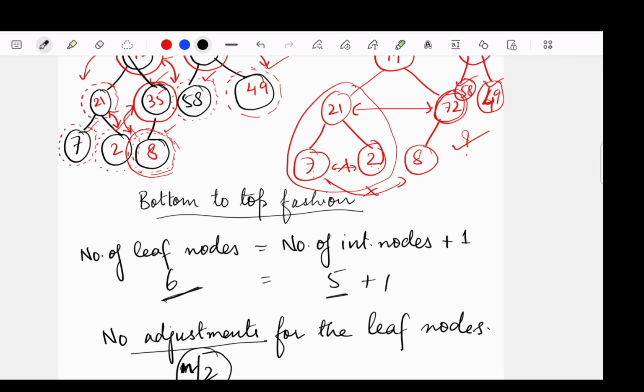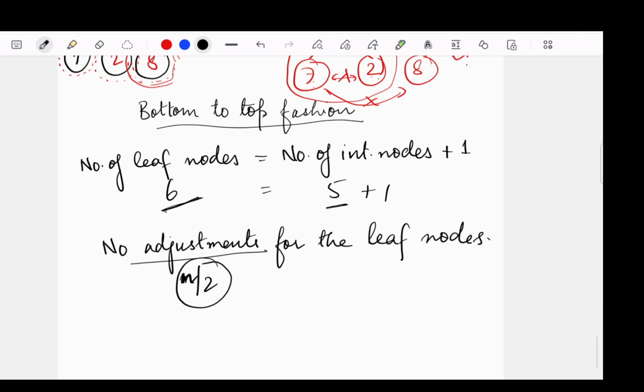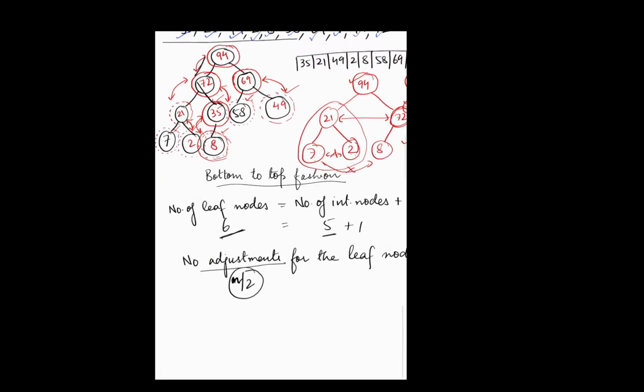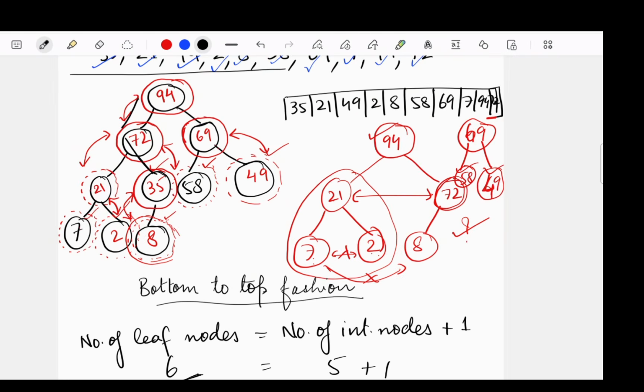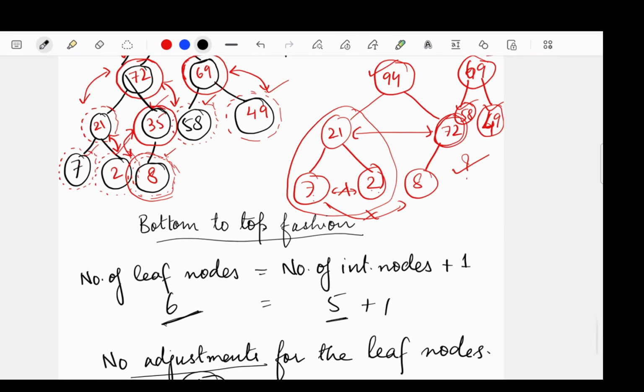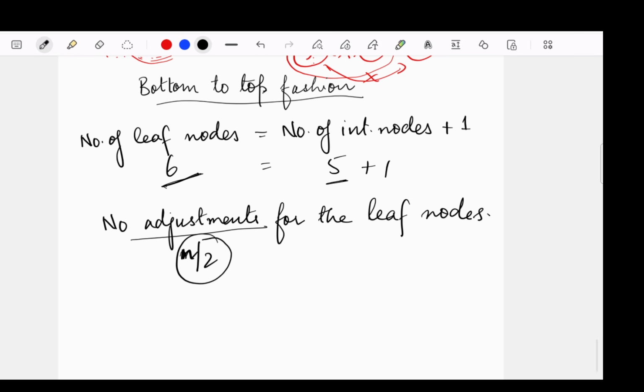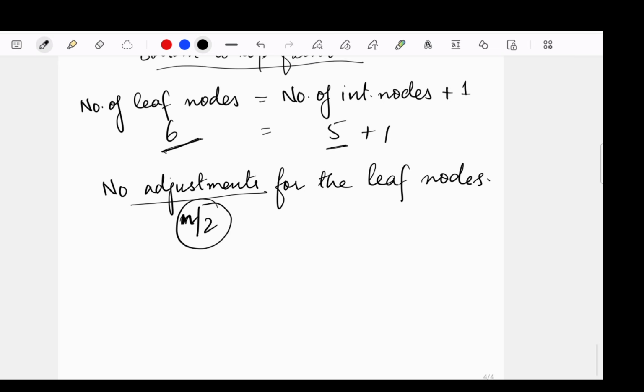Only in the case of the root, you may see that log n, that is equal to the height of the tree, number of adjustments might be required. So can you understand that the time required to create a max heap using Heapify will be much less than the general method.